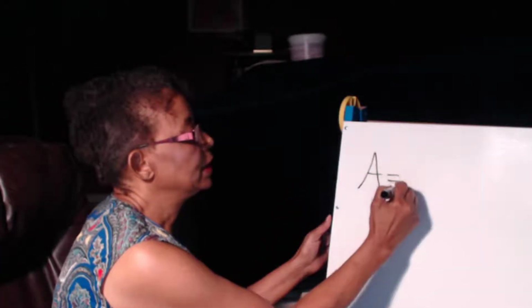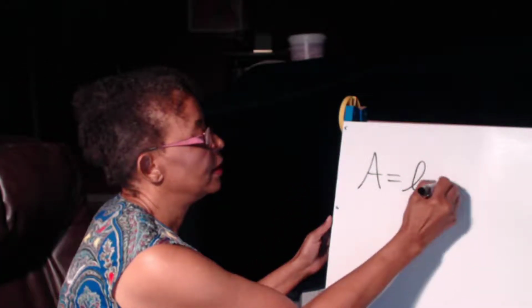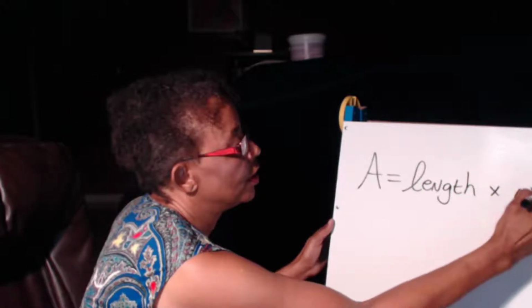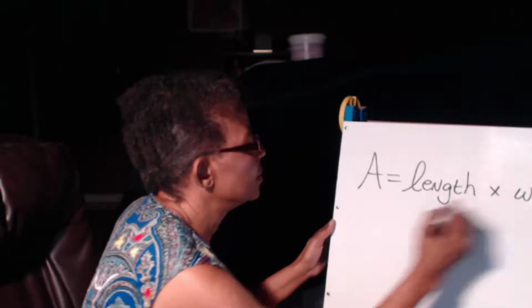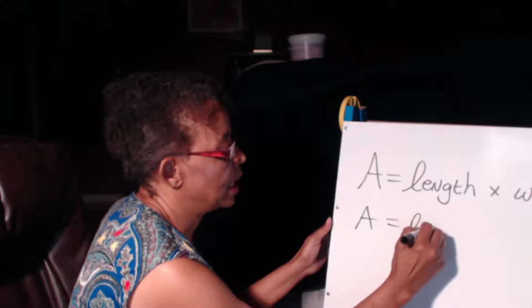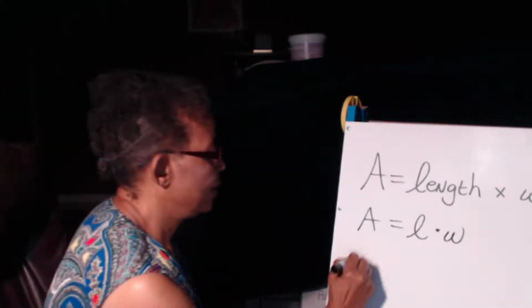So they're talking about the area of a rectangle, and the area is length times width. So area equals L times W. That means to multiply.